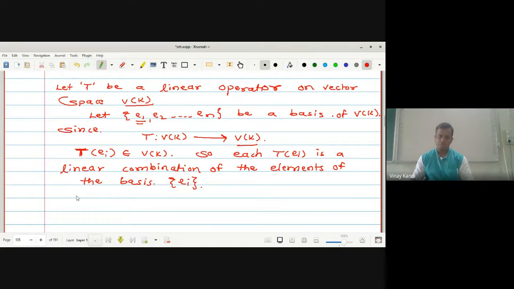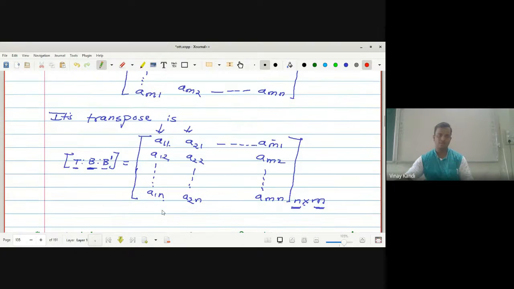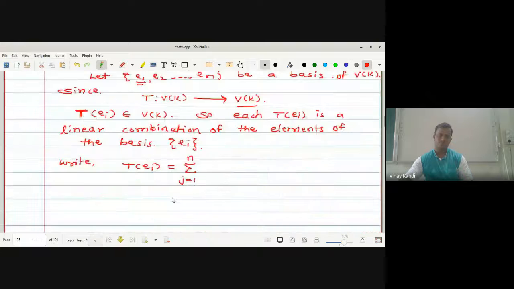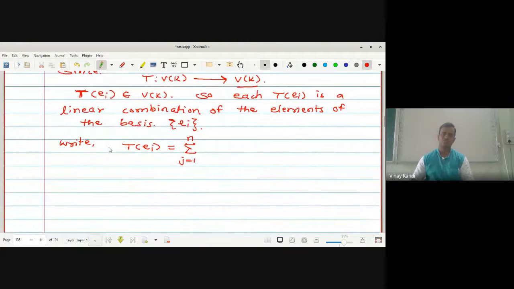So write this T of Ei is equal to summation, J running from 1 to N, A i j E j.